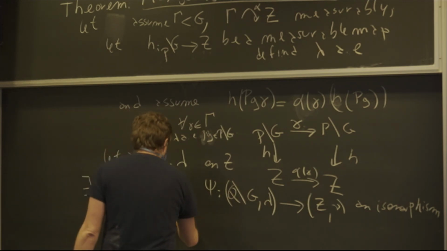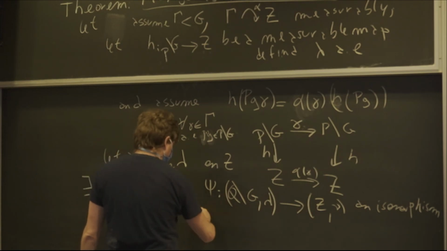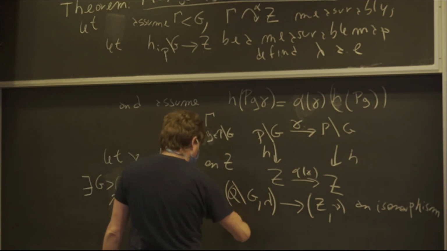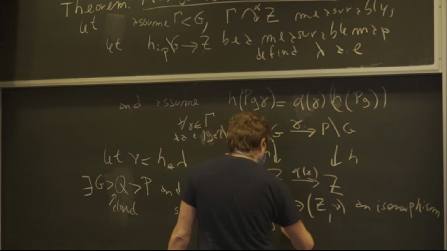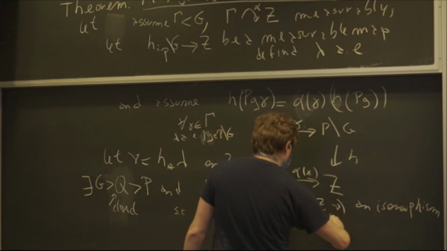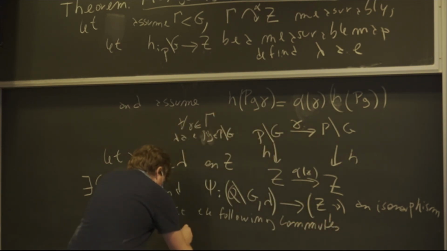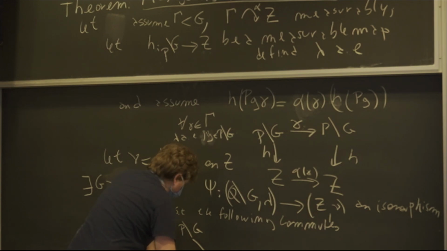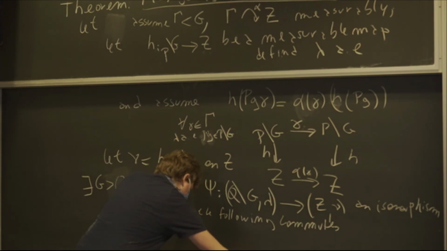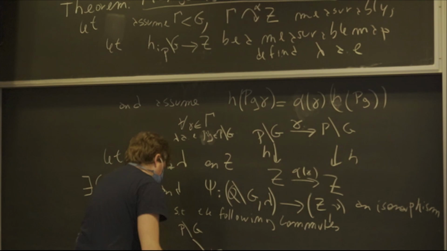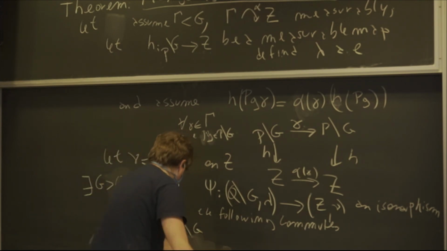Okay? Such that the following commutes, which means I have P mod G, I have Q mod G, just put it down.